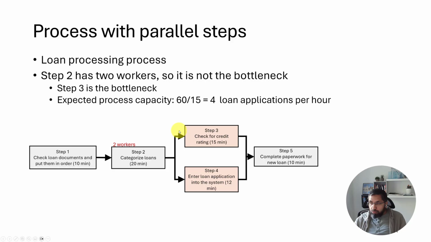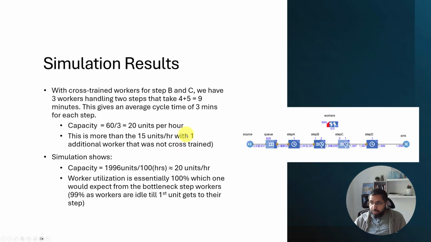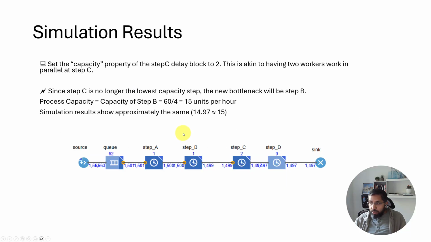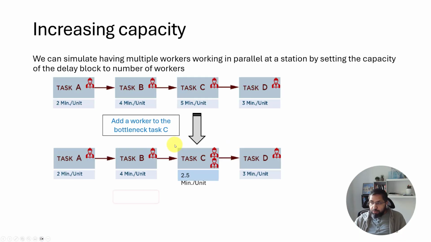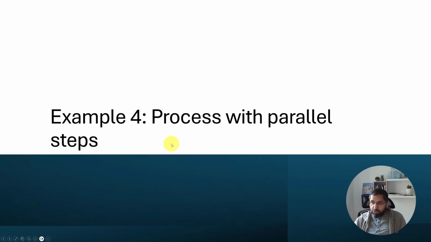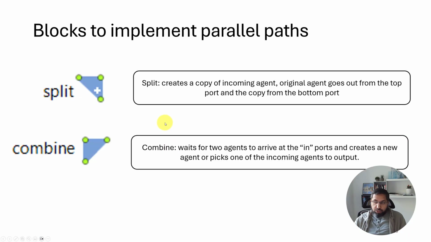You know how to do parallel processing, right? You've previously seen how to increase capacity by using a delay block with a higher capacity to add more workers, or using a resource pool. So with these examples, you have the basics to be able to simulate a lot of realistic processes using AnyLogic.